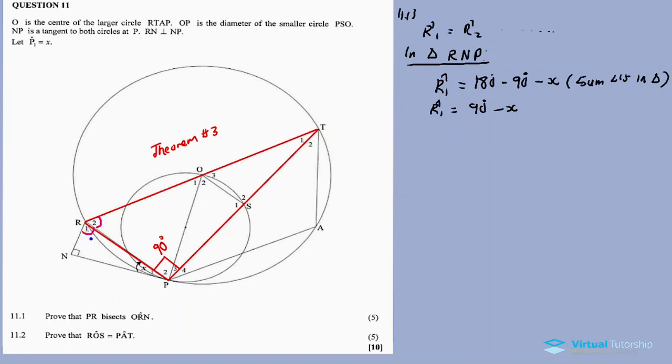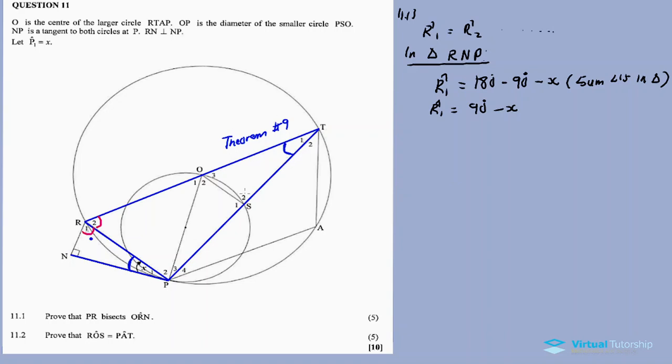T1 we can also calculate using another theorem. Which one? Think. Theorem number 9, the tan chord theorem. This angle X is equal to this T1 according to theorem 9.